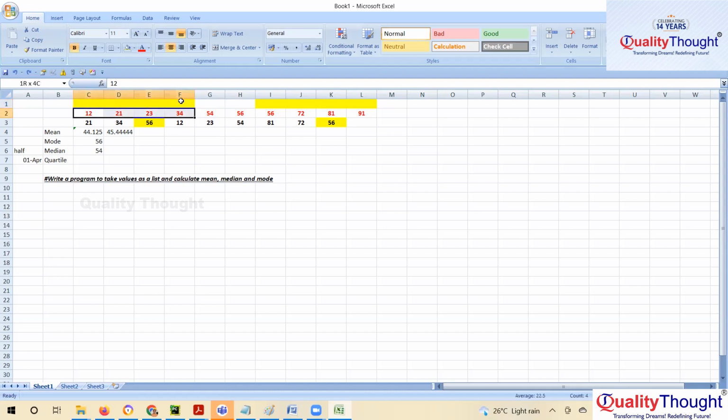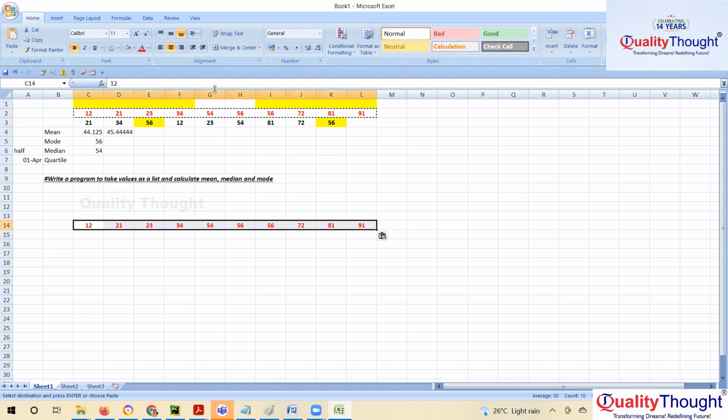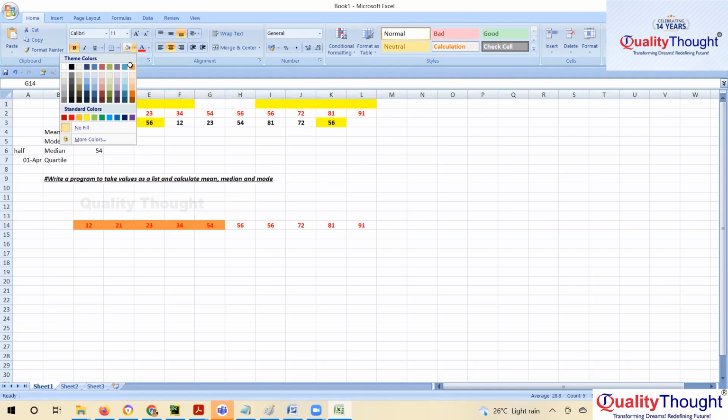Okay, for example, let's say these are the numbers. What does median mean? Median means mid value. So 55 is your median. 55 is dividing this data set into 1/2, and this is your second half.